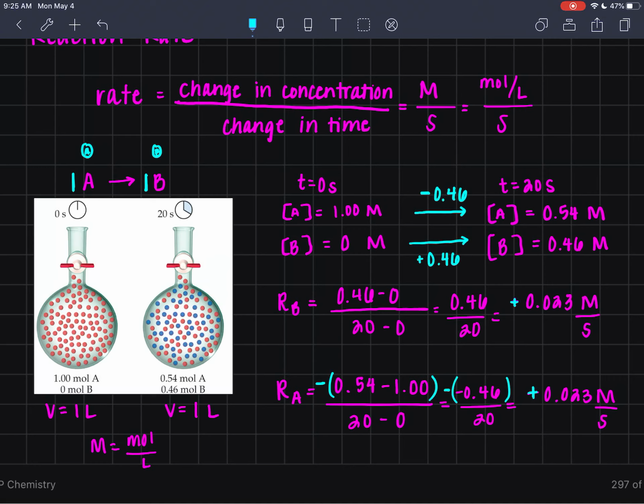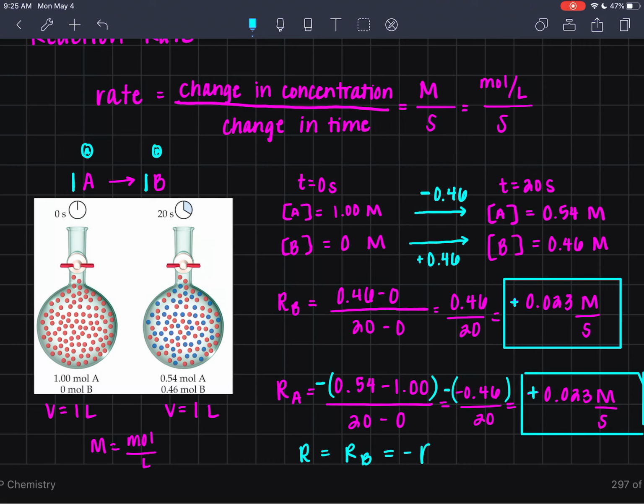So this is how I end up getting my rate for my reaction to be 0.023 molar per second. And I could have used either A's concentration or B's concentration, and I would have gotten the rate either way. So the rate of a reaction, or this one in particular, could be described as the rate of B or the negative rate of A.